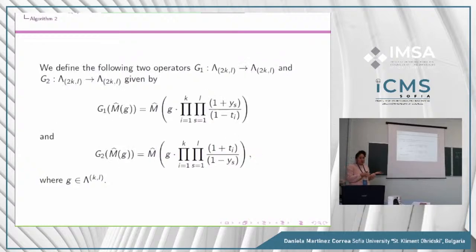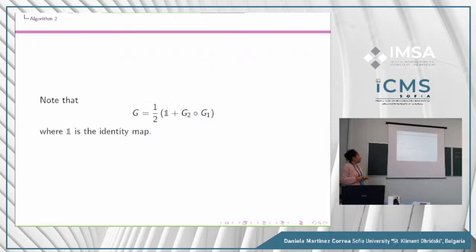These operators have a similar role to the operators Y and Y hat in the previous method. Studying these operators is equivalent to studying the operator G, because G can be written in terms of them. So we study these operators instead, and their action is given by the Young rule.